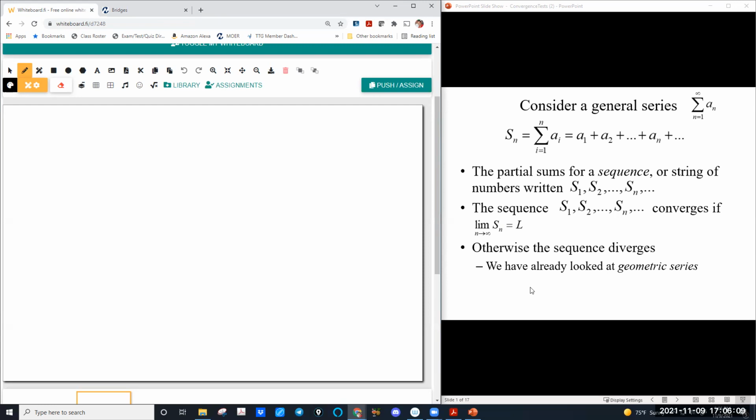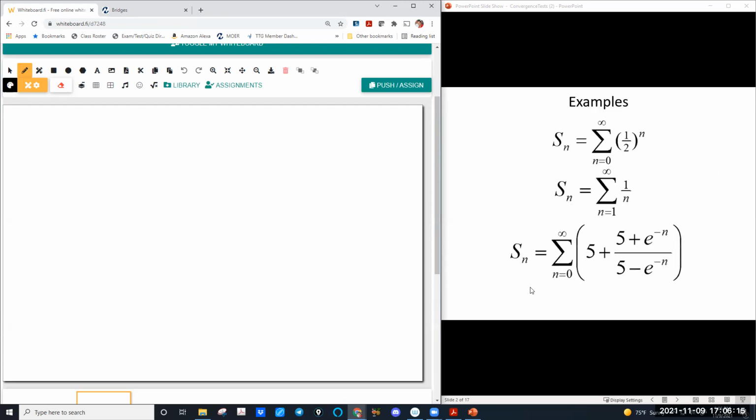And in fact, with geometric series, we can actually find out what they converge to. Now, these are just examples of some series. We will at some point today investigate all 3 of these as to whether they converge and diverge or why.